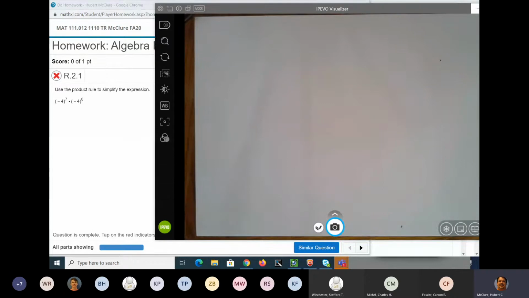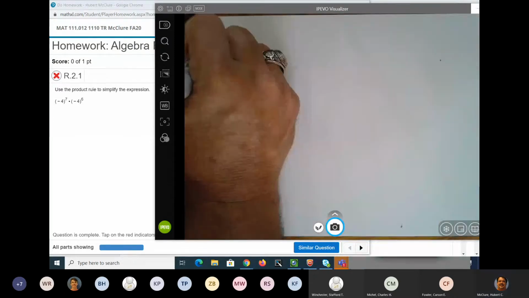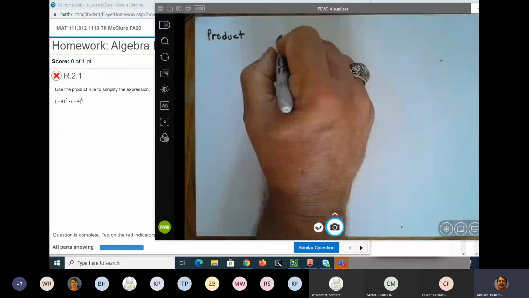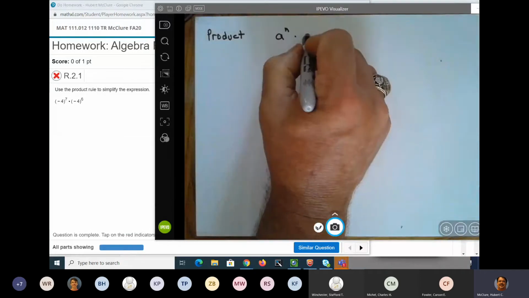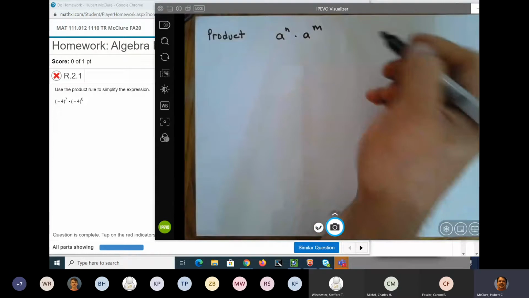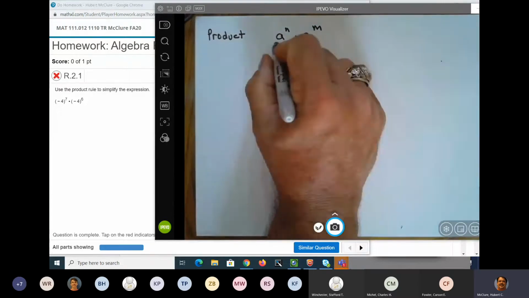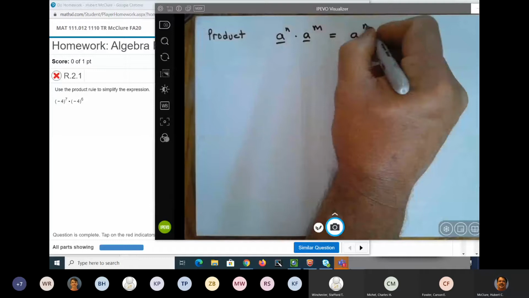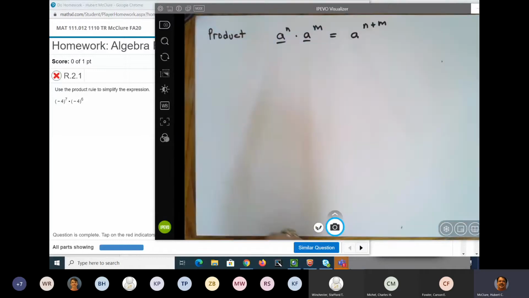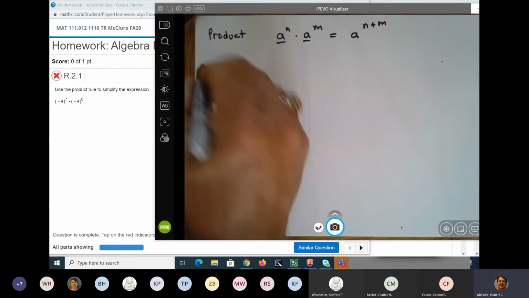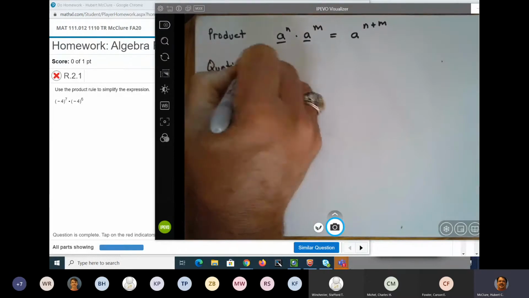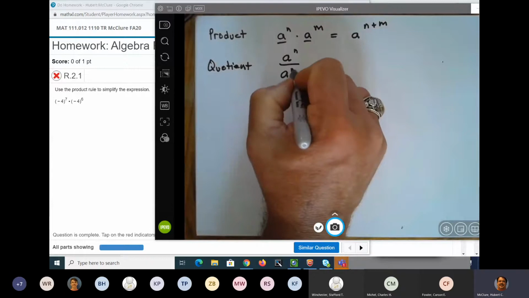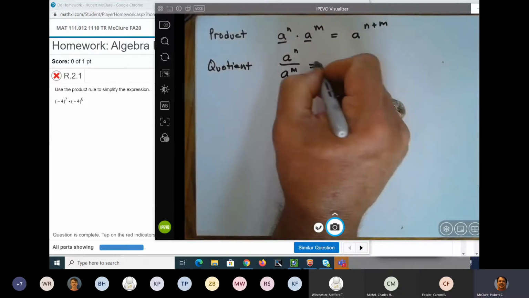Product rule. The product rule of exponents says that if I have a to the n times a to the m, and these are the same bases, then I can add the exponents. The quotient rule says that if I have the same bases and I am dividing, I subtract the exponents.